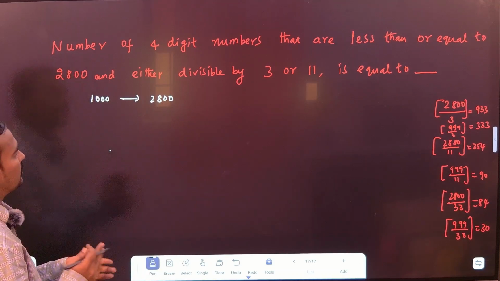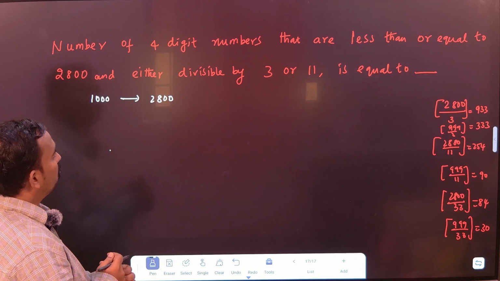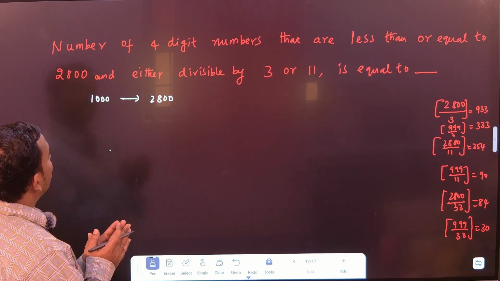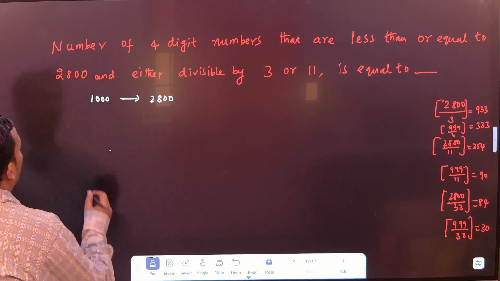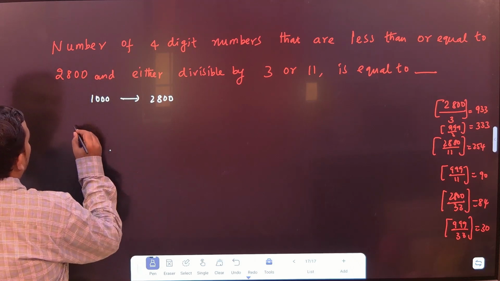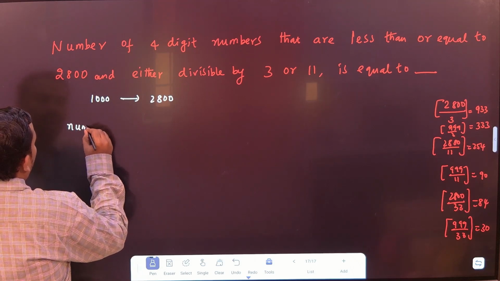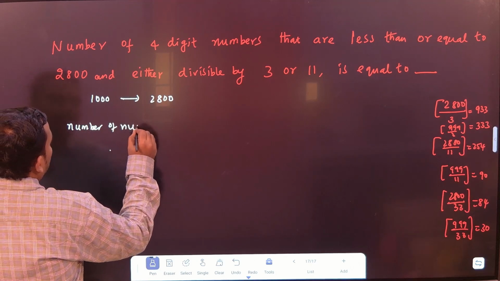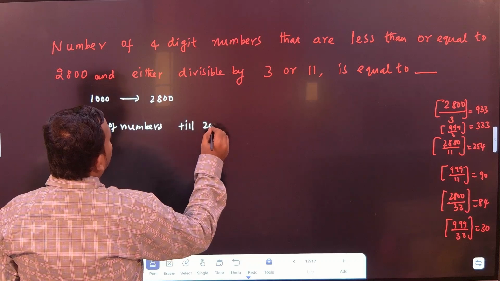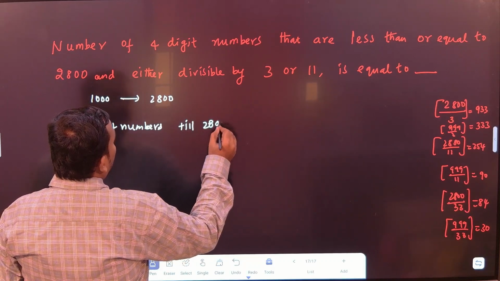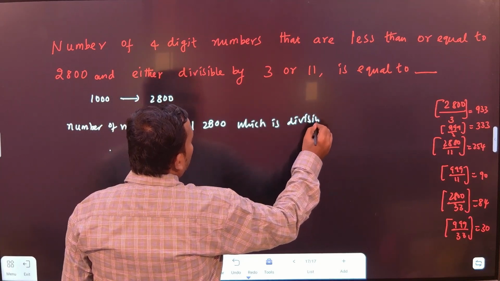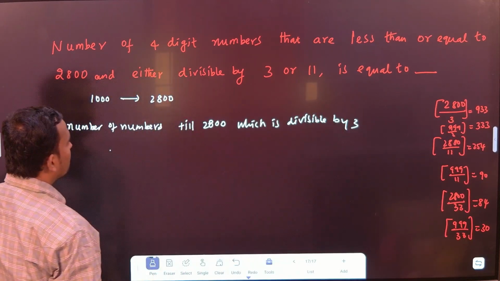First, you have to understand how many numbers up to 2800 are divisible by 3. First you calculate that.